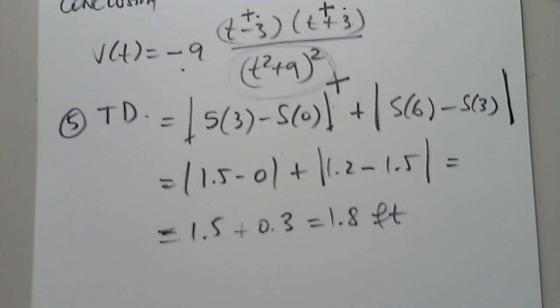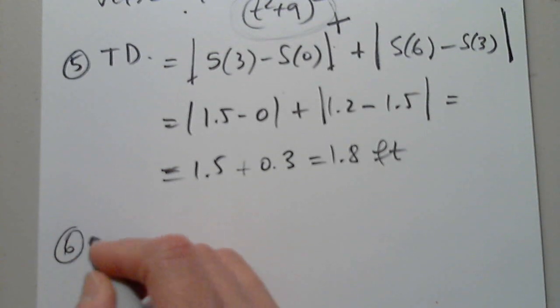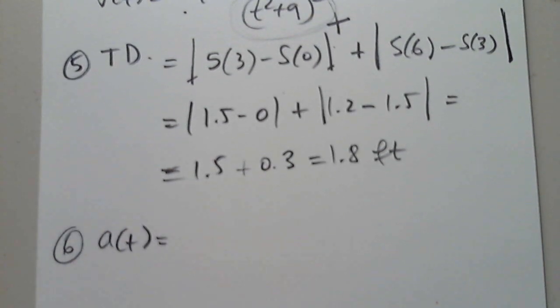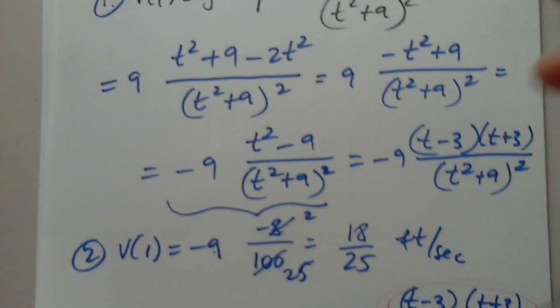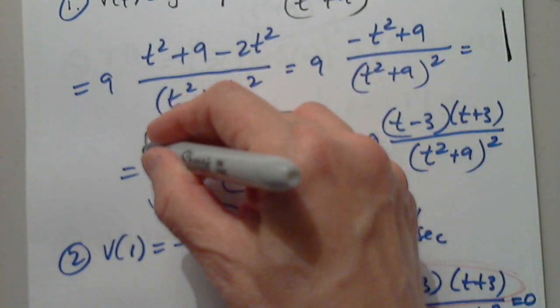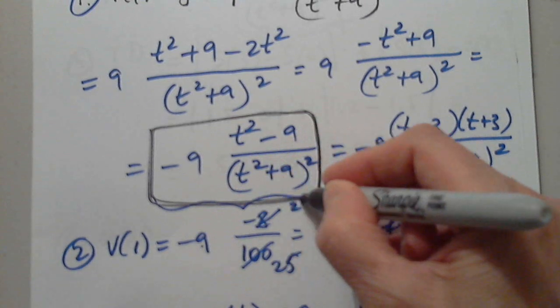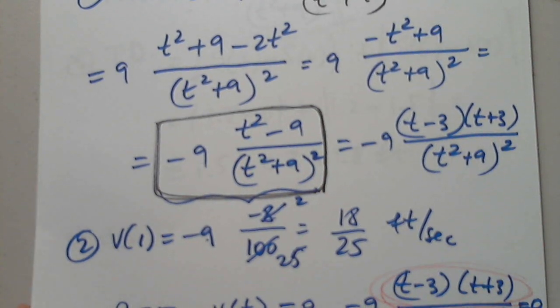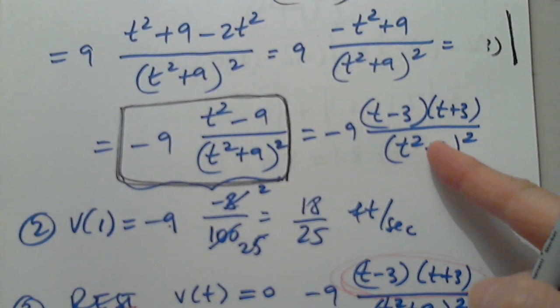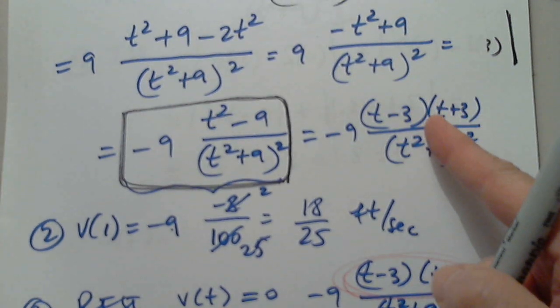Next question. Find the acceleration at time t and after 1 second. Okay, the acceleration. This is not an easy task because I have to differentiate this now. Quite ugly. Not this one, because it's factored, is more difficult.